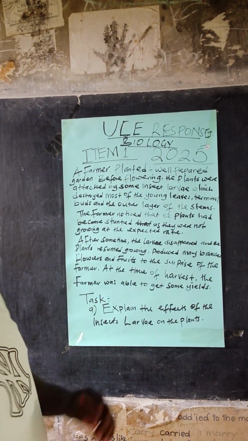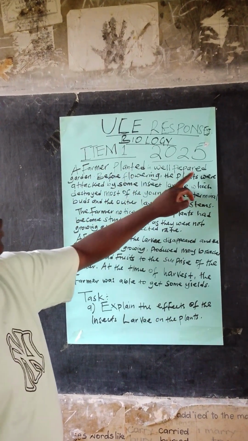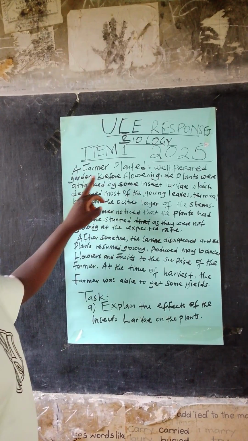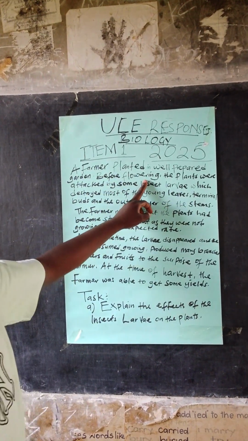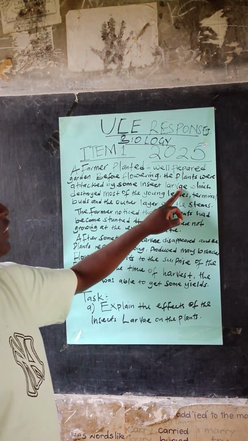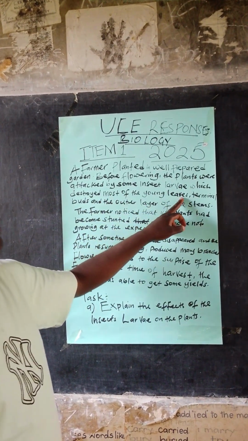It says, a farmer planted in a well-prepared garden. Before flowering, the plants were attacked by some insect larvae which destroyed most of the younger leaves.